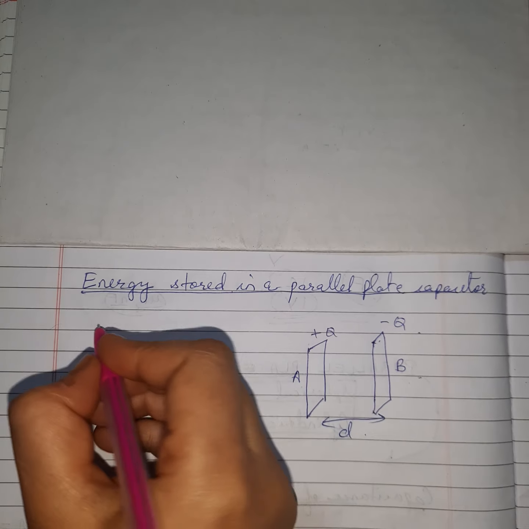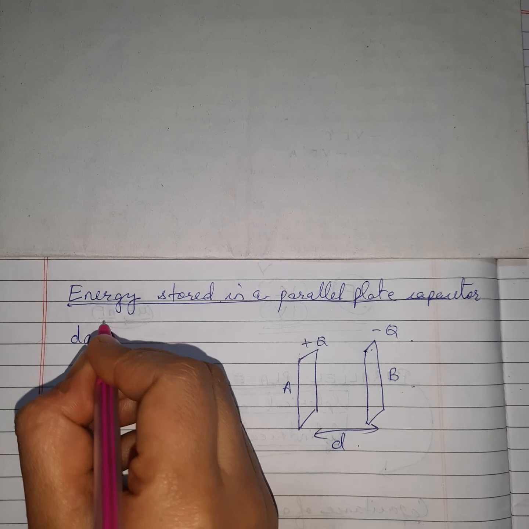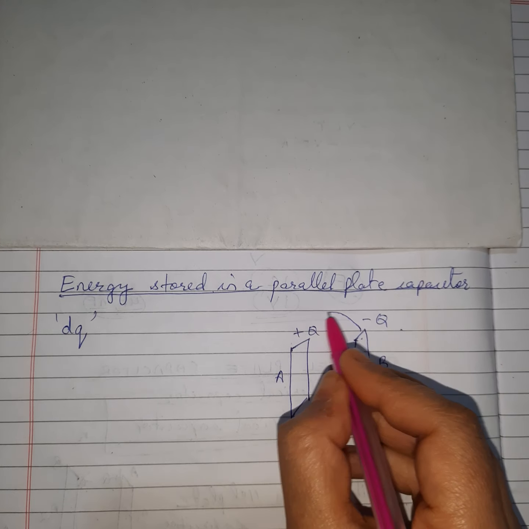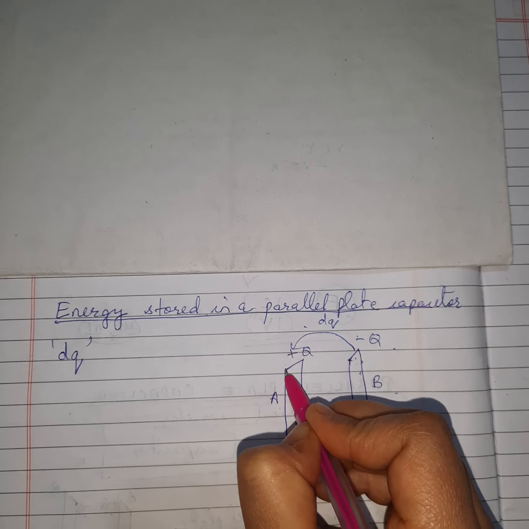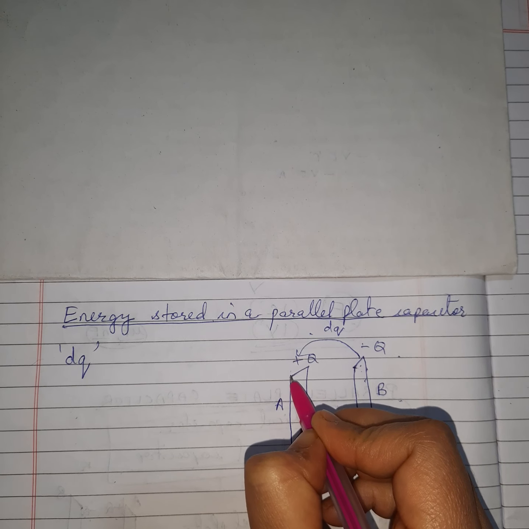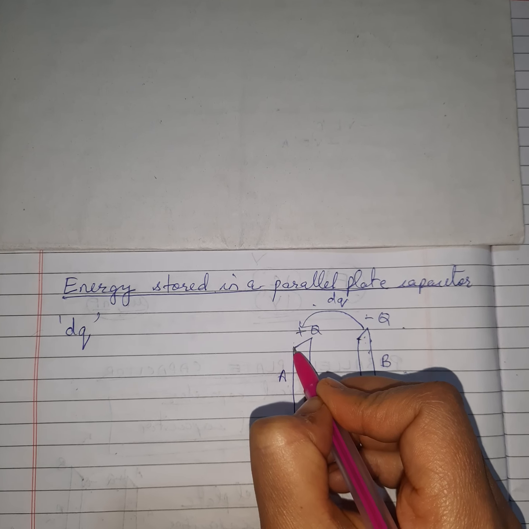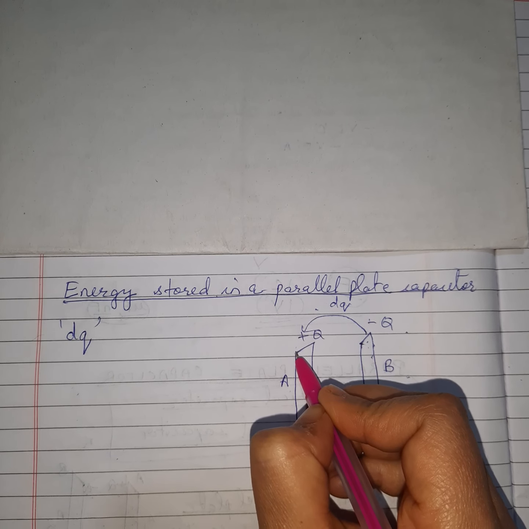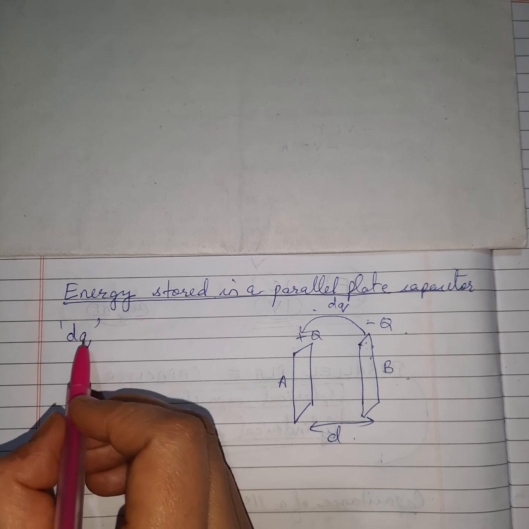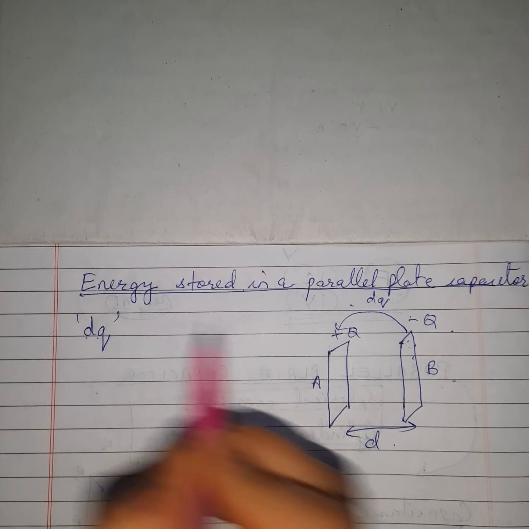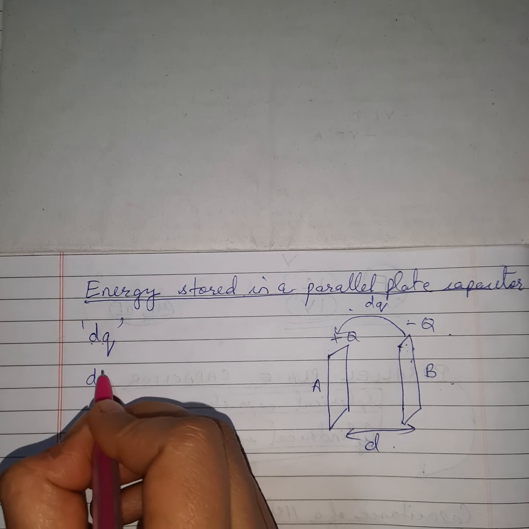So let us consider a small charge dq which is being transferred from B to A. Now it will not move on its own, so you have to do some external work, and that external work is stored in the form of potential energy. The work done in transferring this charge dq from B to A is given by dW.